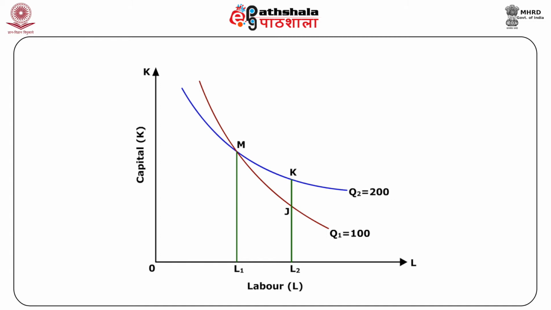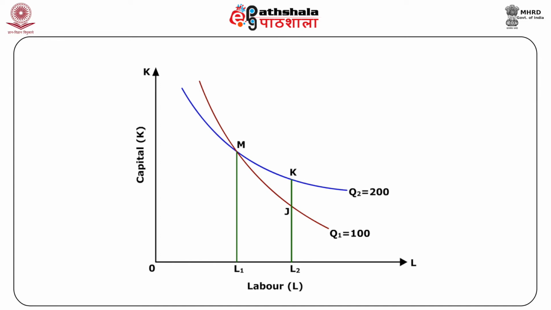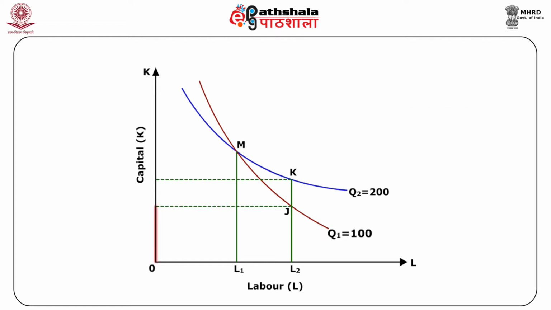If the isoquants are such, then point M represents that the same level of combination of labor and capital can produce two different levels of output, 100 and 200. Moreover, if we look at point K and point J, then both of them represent that L2 unit of labor with more of capital is yielding 200 output and L2 unit with less of capital is yielding 100 output.